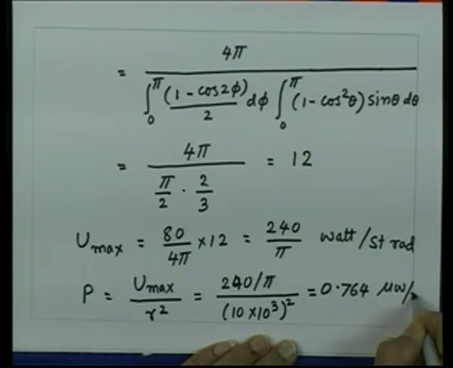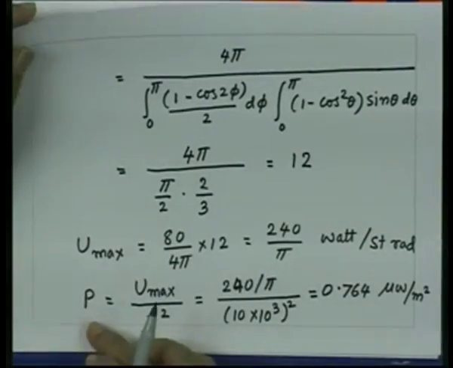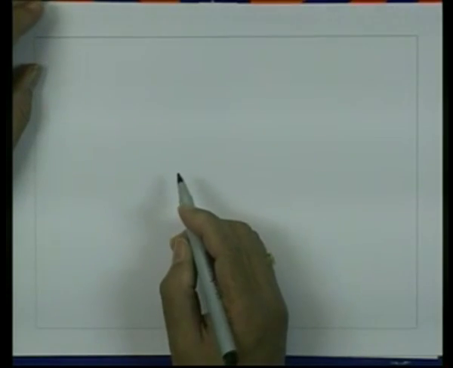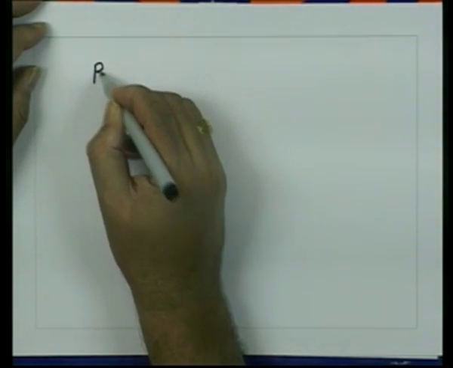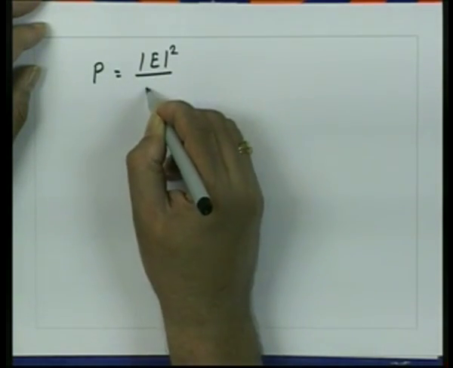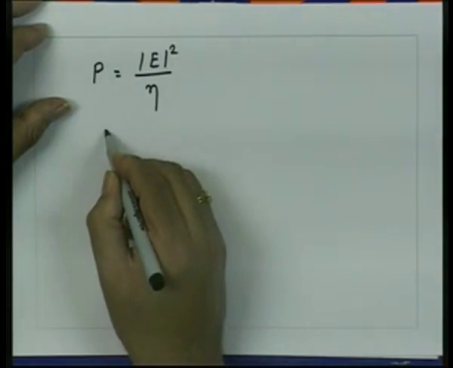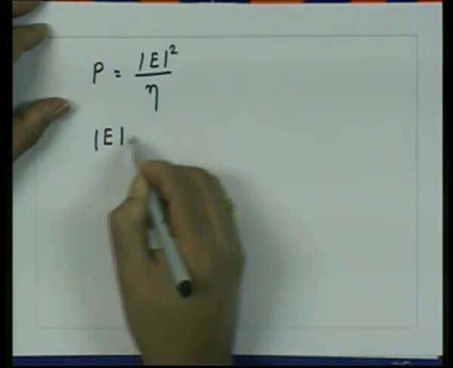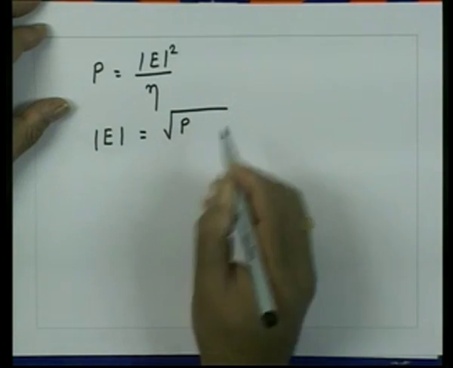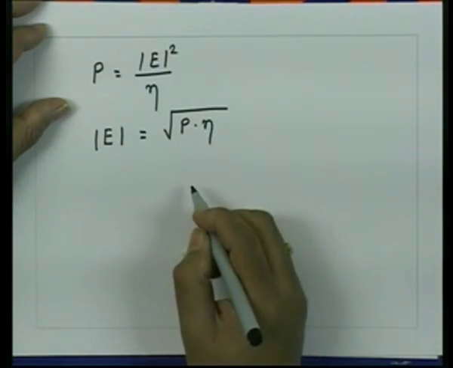microwatt per meter square. Once we know the power density, then we can find out the electric field at that point, because the power density P is mod of E square divided by eta. So, the electric field E will be equal to square root of power density into eta.